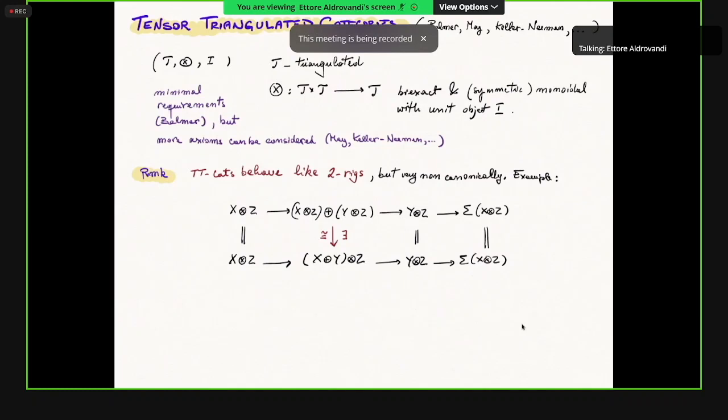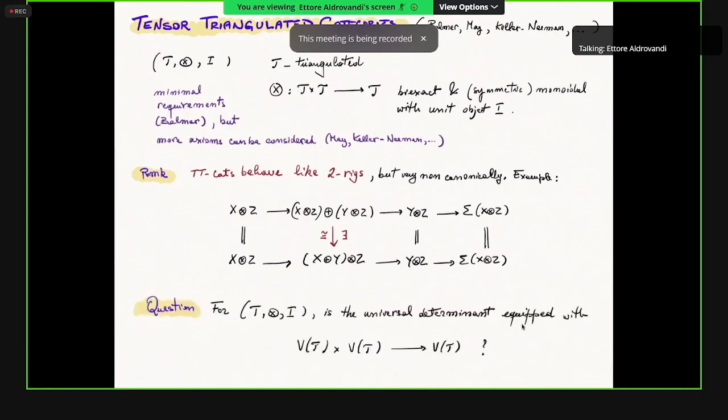But at any rate, it's a way of finding a sort of distributor, in the sense that there is a morphism that says the tensor product distributes over direct sum, and of course you can find similar structure maps by exploiting similar tricks. So this essentially begs the question: does the universal determinant for such a tensor triangulated category enjoy some property that is inherited from the tensor product?